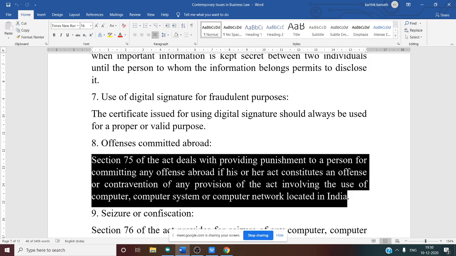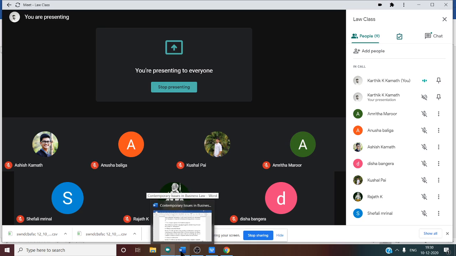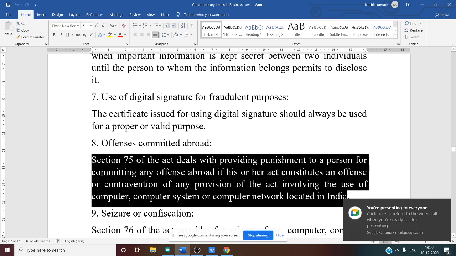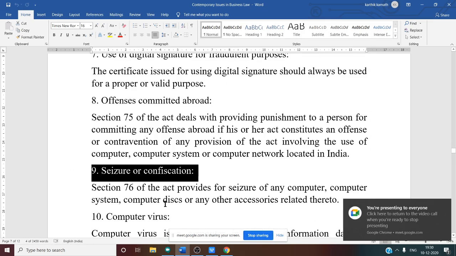Any provisions of the Act involving the use of computer system or computer network located in India. If it is located in India, it is covered under the IT Act. If it is not located in India, both are outside India, using the computer outside India, committing the crime outside India, in that case it is not covered under this Act. Offences committed abroad.